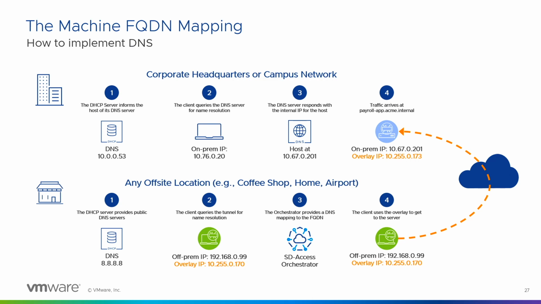So that routing infrastructure isn't there, but when you fire up the SD-Access client, the orchestrator has that mapping information you plugged in, and it's going to put that DNS information onto your client for you. So you're still going to use the same FQDN, but this time you're going to get an overlay IP address, that 10.255 network in this example, and that's how you're going to communicate to this. So this is how we do a little bit of transparent communication with the DNS functionality in this product.